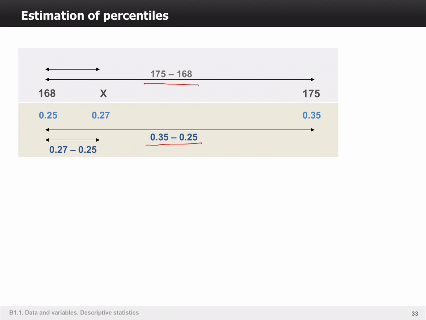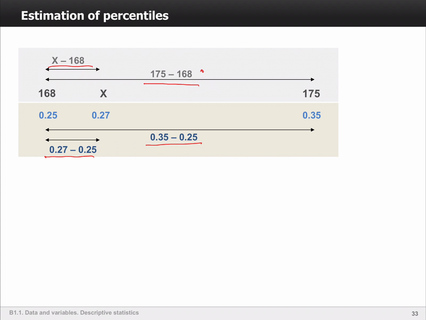Then we calculate also the distance between the 0.27 and the left part of the interval, and then the distance between x and the left part of the interval. So we have 4 different distances, and we know that the ratio of this distance to this distance should be the same as the ratio of this distance to this distance.